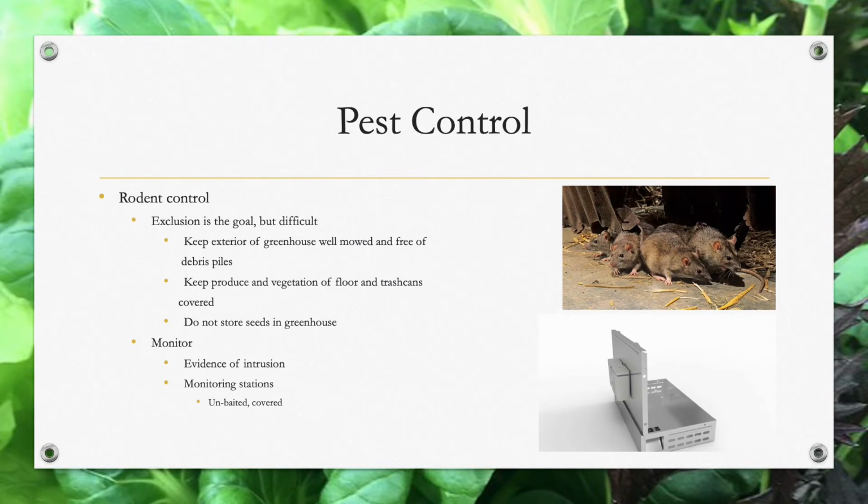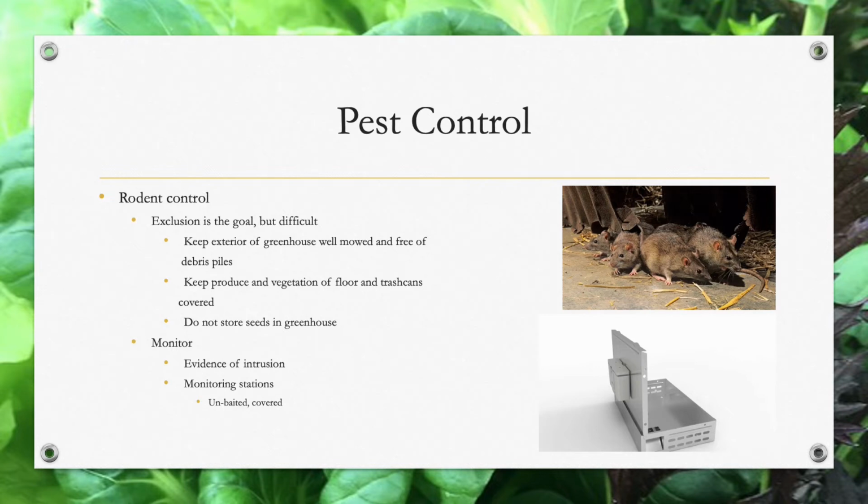Pest control. We're not talking about insects in this case, and we're generally not talking about things that would be of an issue in other growing environments like fields or even high tunnels. The one issue that I've seen in greenhouses time and time again, even though a greenhouse is a closed and controlled environment, is rodent control.